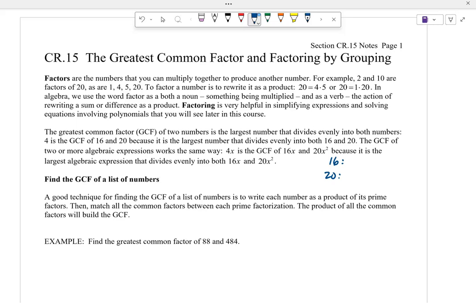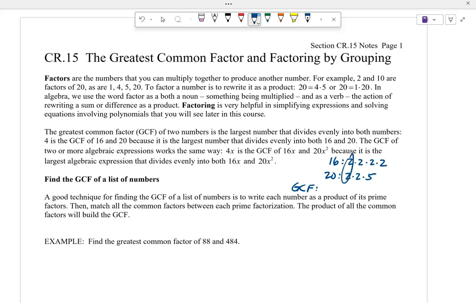So 16 is 4 and 4, but 4 is 2 and 2, right? So the factors of 16 are 2, 2, 2, and 2. Factors of 20: 4 and 5, but the factors of 4 are 2 and 2, right? So their greatest common factor would be the product of their shared factors.